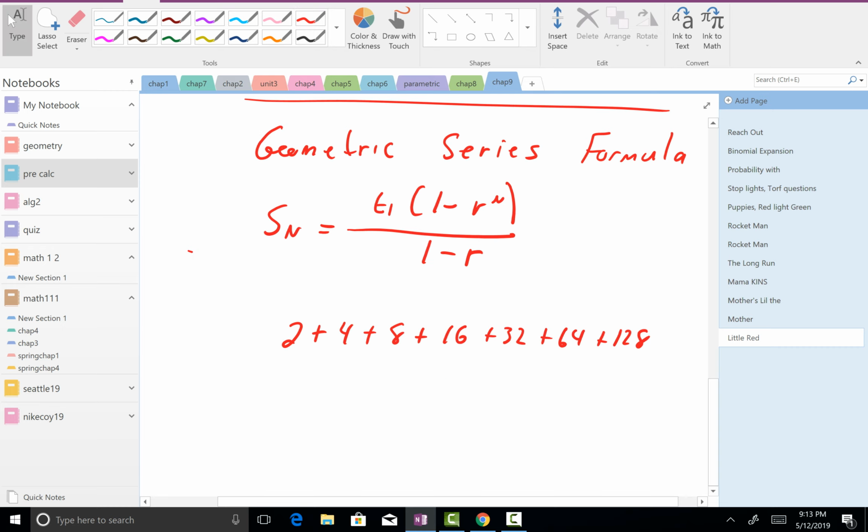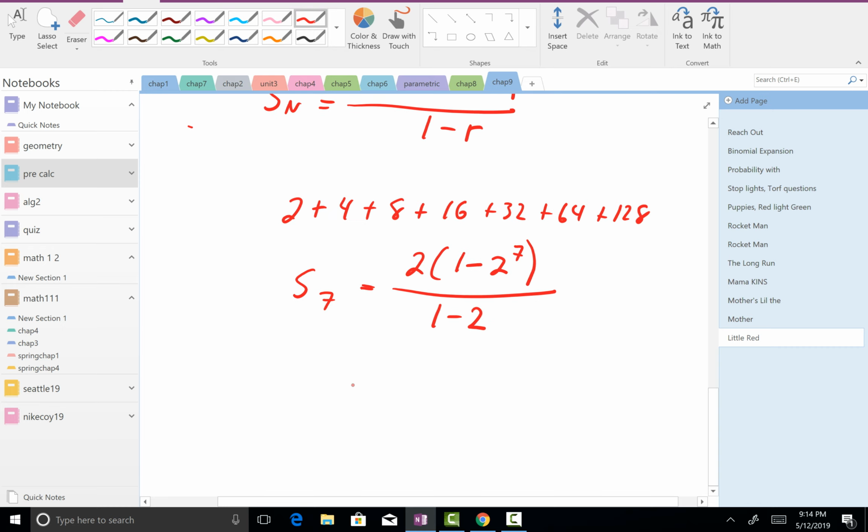All right, we can use a formula. So we would go S of 1, 2, 3, 4, 5, 6, 7 equals T1, that's 2, times 1 minus, my ratio is 2, okay, to the 7th, parentheses, over 1 minus 2. So, wow, 2 to the 7th. Well, let's see what we got here.